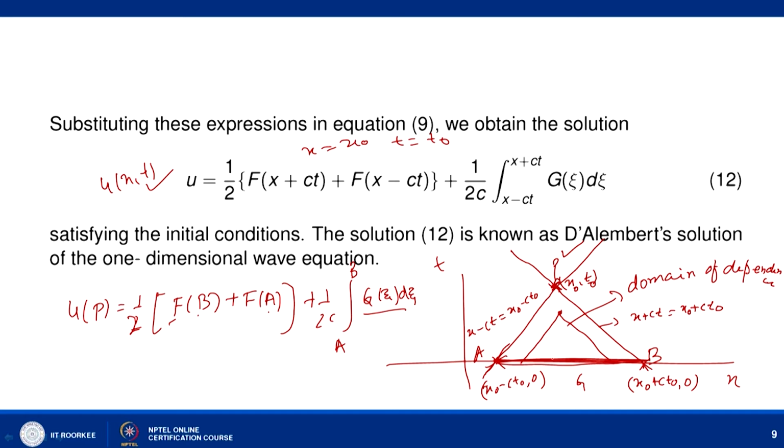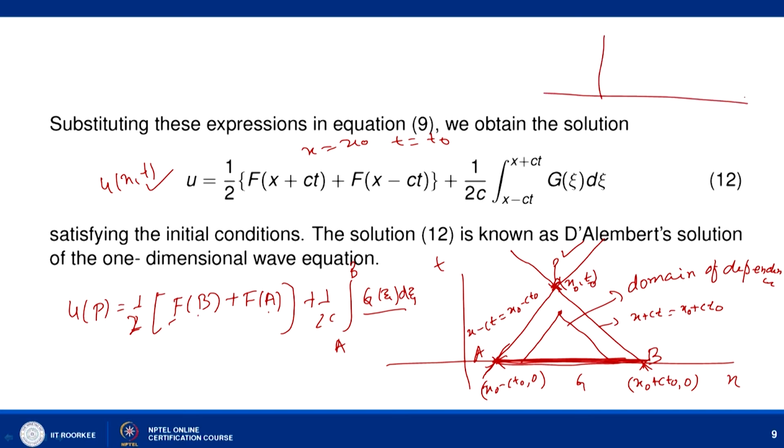So, this domain we call the domain of dependence. So, the solution at P depends on the line AB, which you can obtain by drawing two characteristic lines passing through this P, and it will form a triangular region, and the base line is called the domain of dependence. And similarly, I can find out, say, the region of influence.